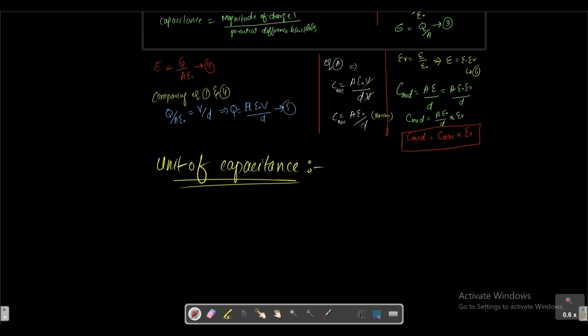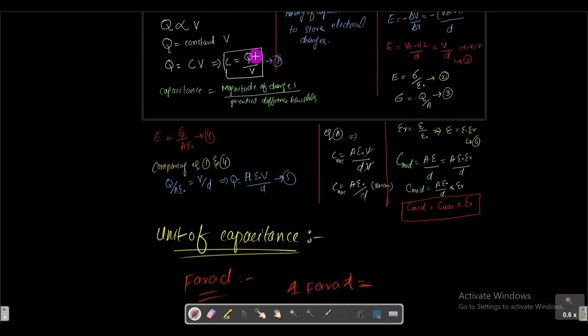One farad is when 1 coulomb of charge is present on the plates of the capacitor and the potential difference between the plates of the capacitor is 1 volt, then the capacitance in that case will be 1 farad.